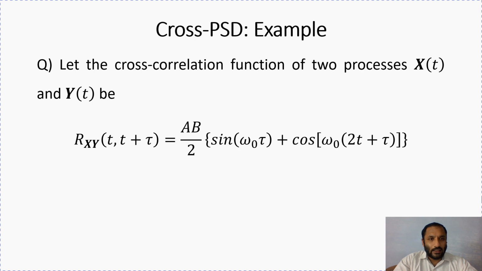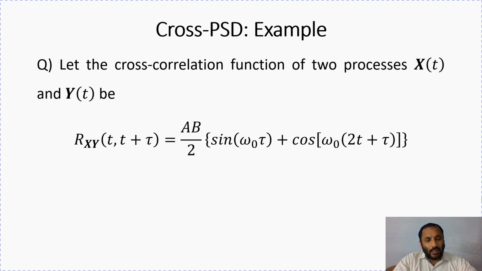Now looking at it itself, we can tell directly whether this is a wide sense stationary process or not, jointly. That means here, since there are two processes, each of the processes should be wide sense stationary as we have gone through earlier, and also these two processes should be jointly wide sense stationary.